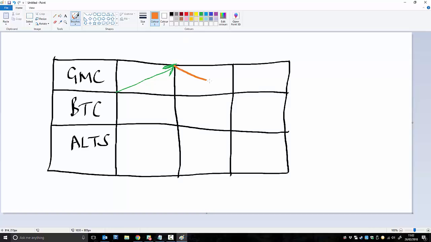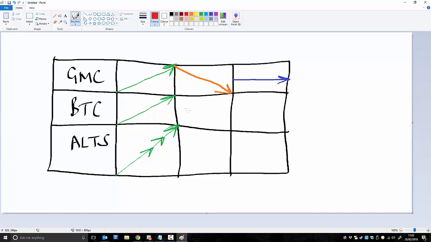Global market cap going up, oh, that's supposed to be red, oh well, and then flat. If global market cap is going up, Bitcoin will be going up and alts will be going up like crazy. So that's good. Everything going up, alts tend to outpace Bitcoin.